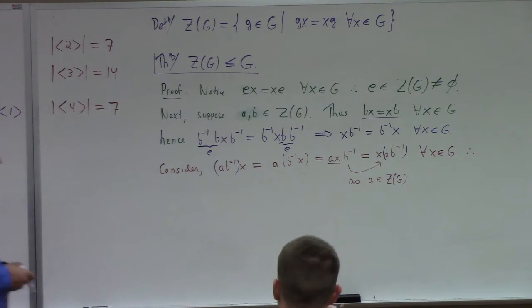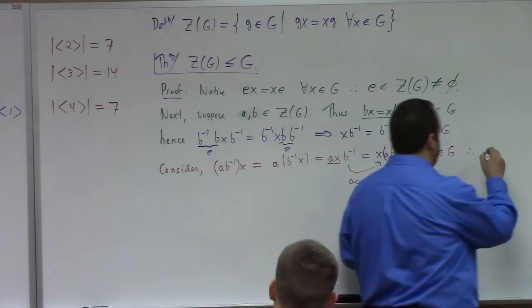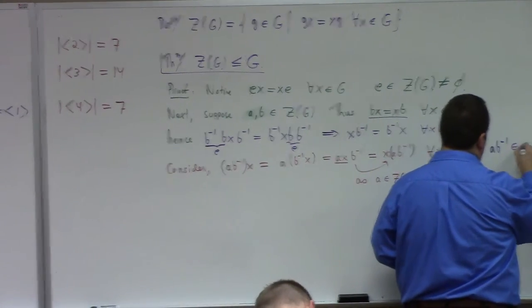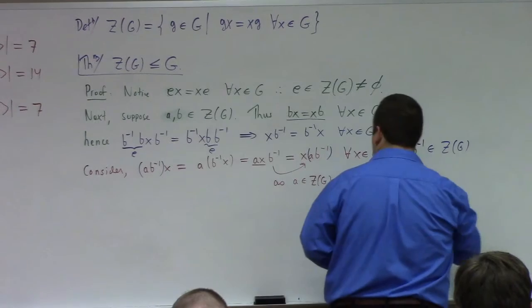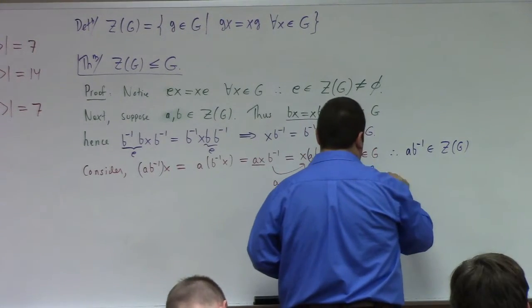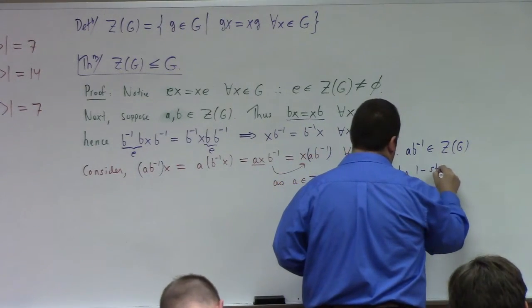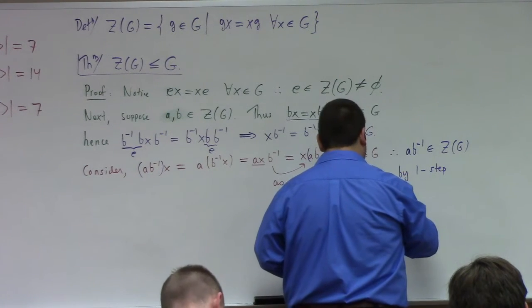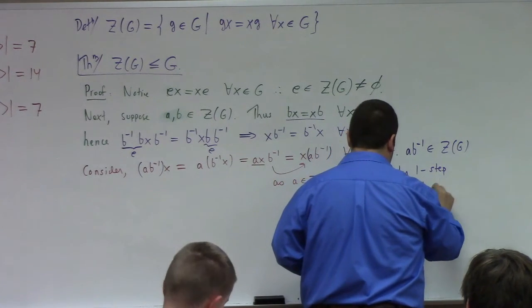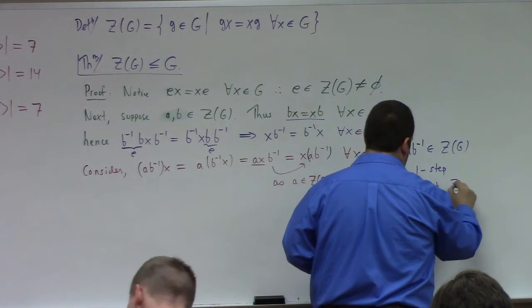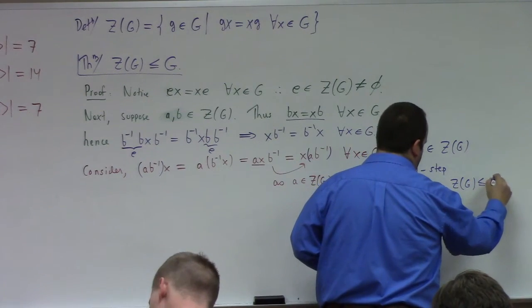This shows that A B inverse is in the center. Thus, by the one-step subgroup test, the center of the group is a subgroup of G.